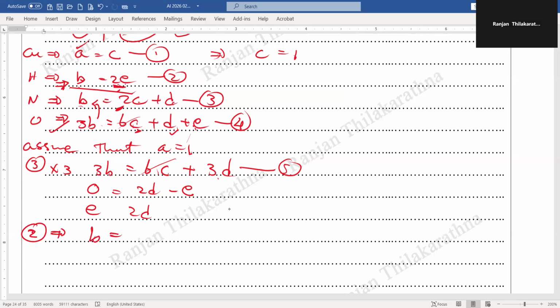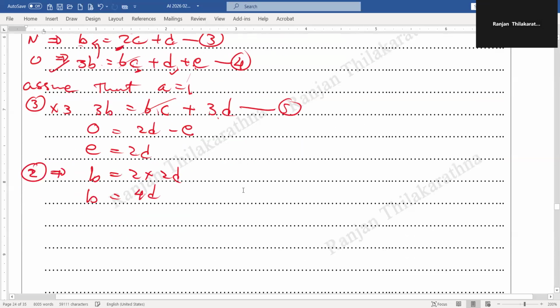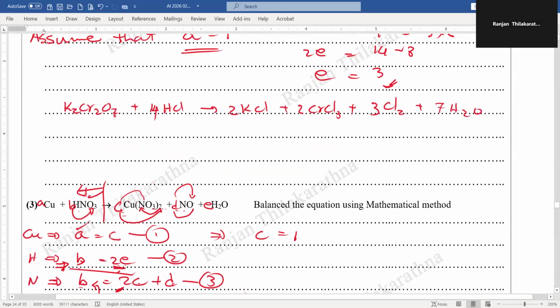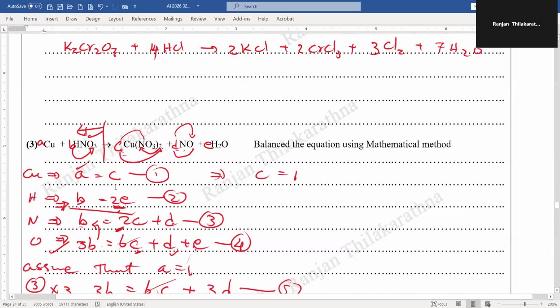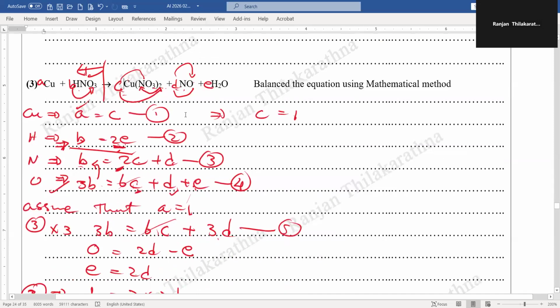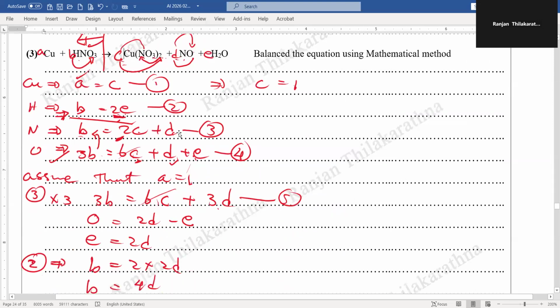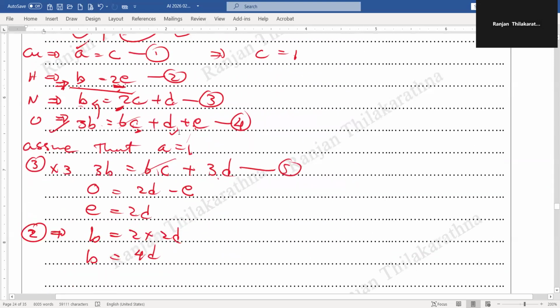B equal to 2E, 2 times 2D, means B equal 4D. That means we know that B. What is B? B equals 2E. We don't know the B yet. We know only the C. I need to get anyhow the C.